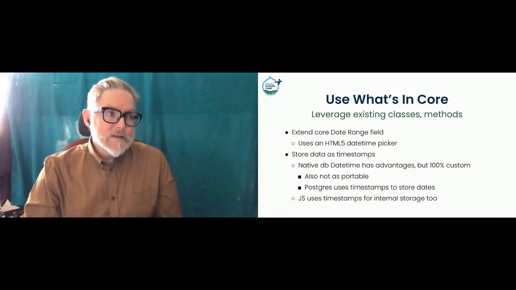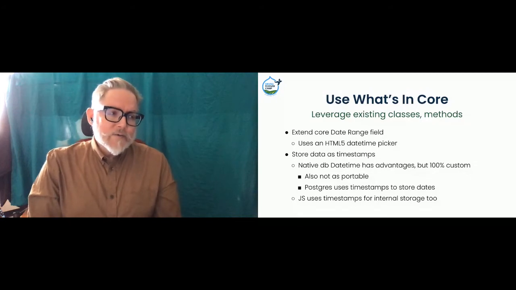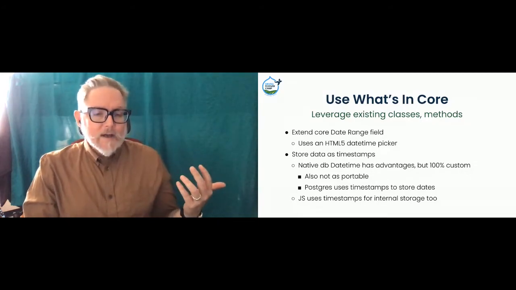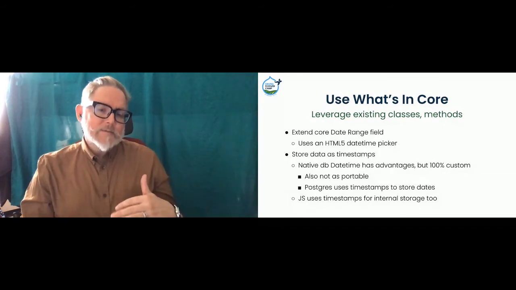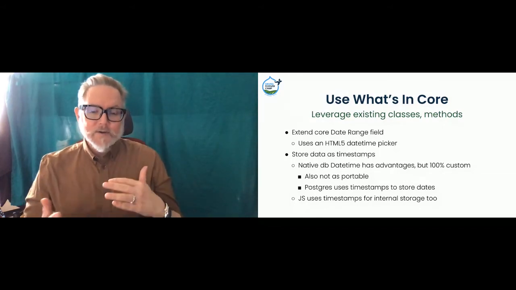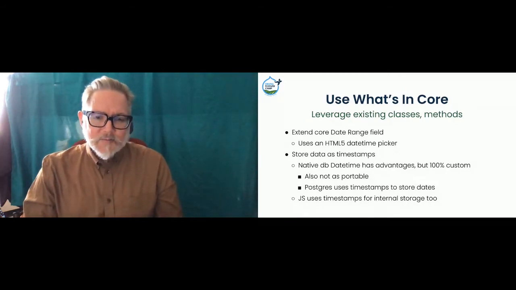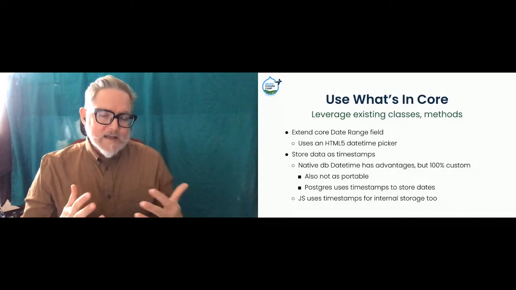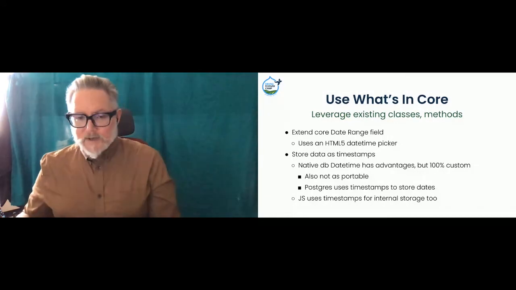In fact, if you're using core functionality for, let's say, formatting dates, oftentimes it's converting to timestamps in order to display those. So even if you hear grumblings about timestamps not being a great format because it has limitations, the truth is you're probably going to be constrained by those even in just using core.